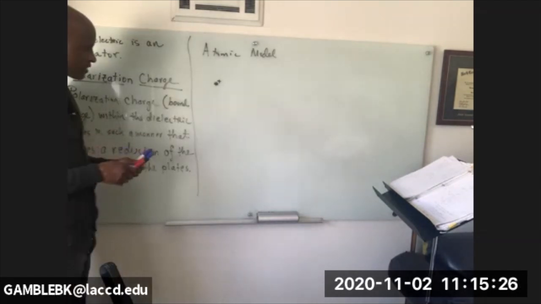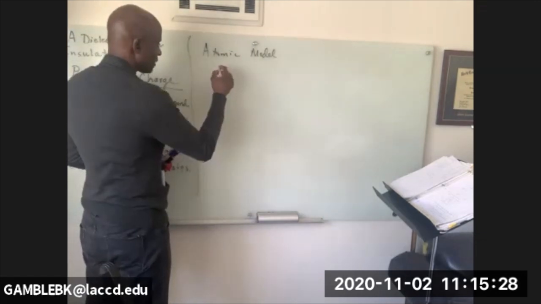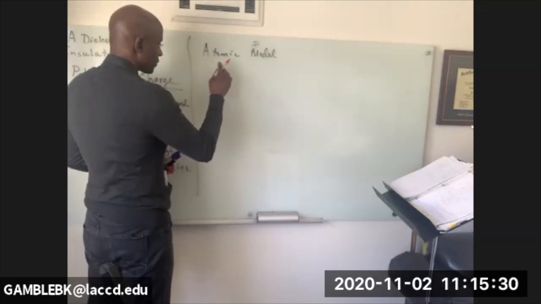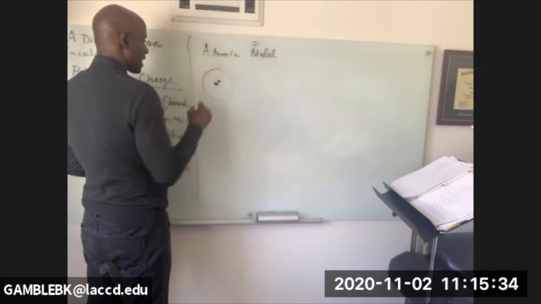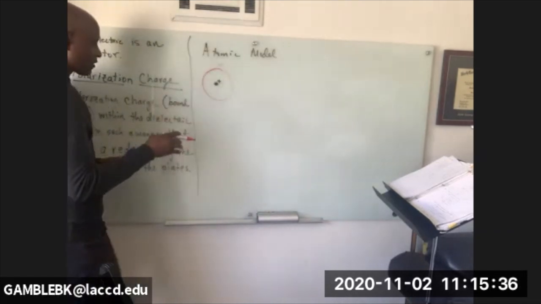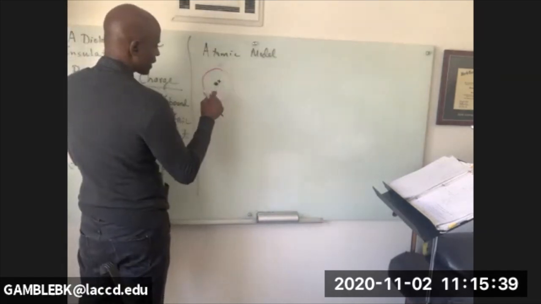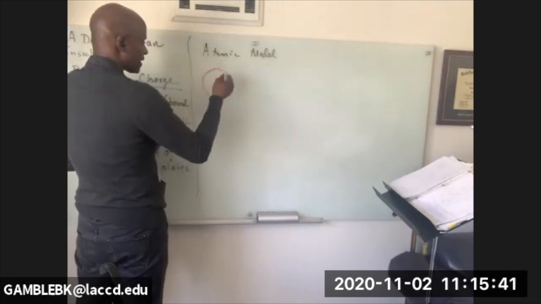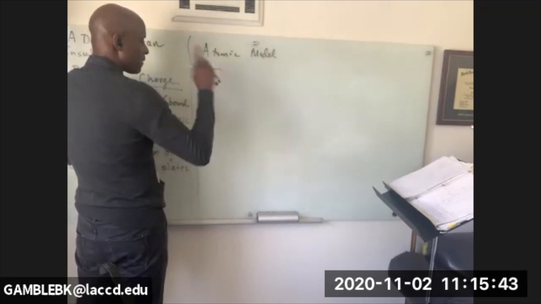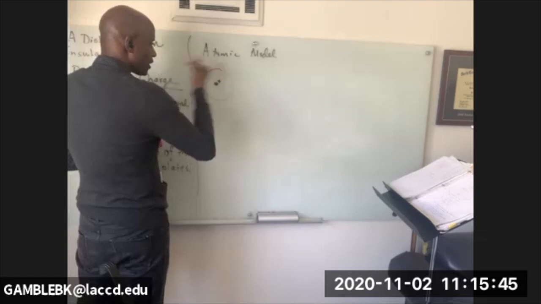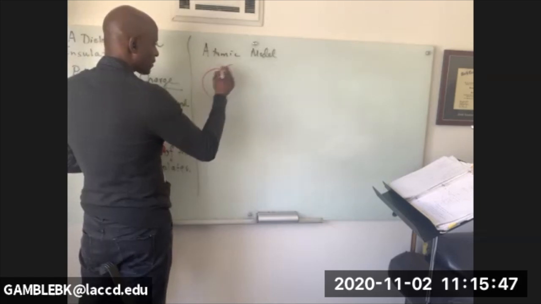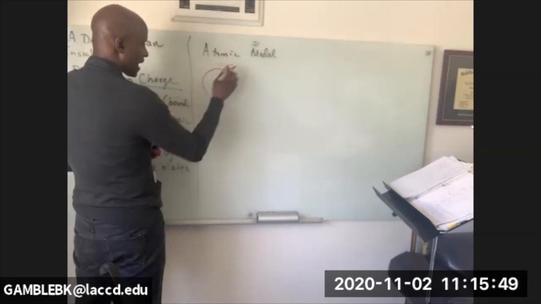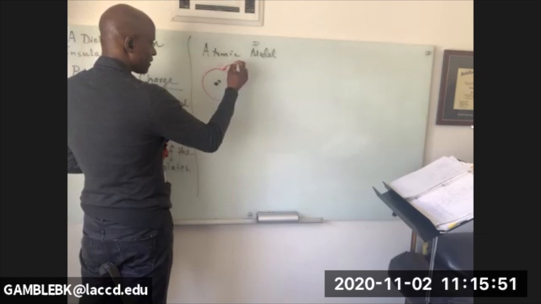Let me just draw a circle to represent the cloud. It's around the nucleus. Now we know it's more complicated, energy levels and all that, but we could think of the cloud as the place where the electron exists. The electron is a negative charge, so I'm just going to point to this cloud, and this boundary represents the cloud as negative.